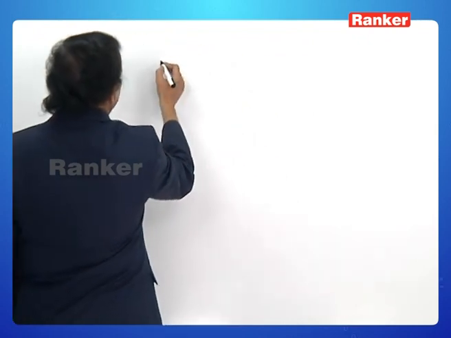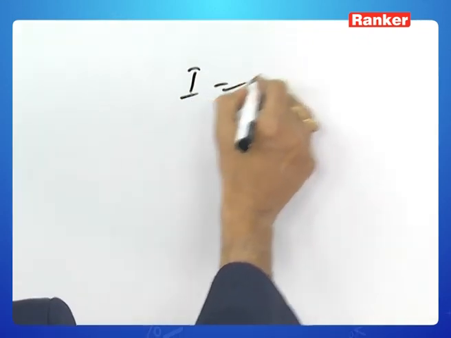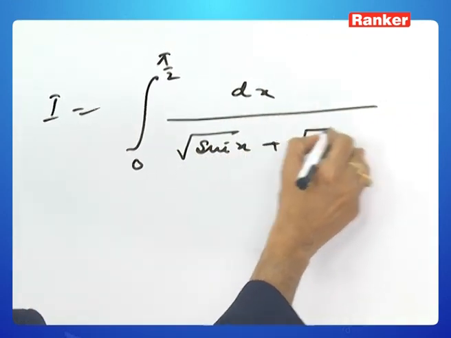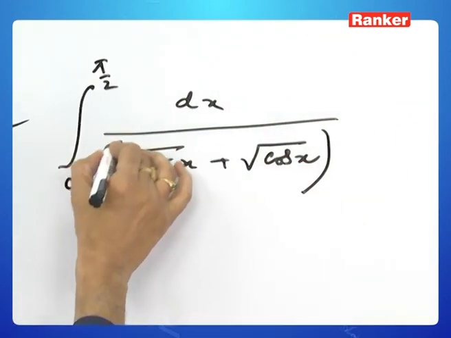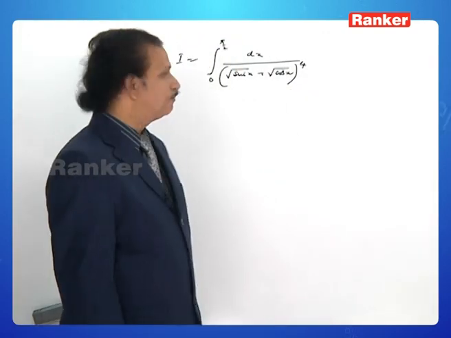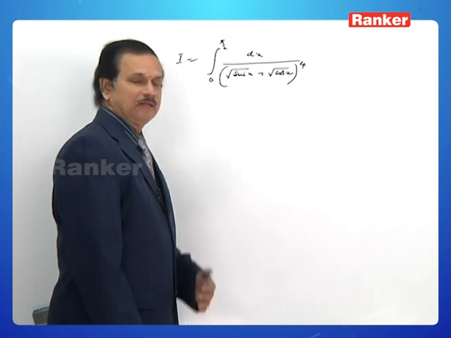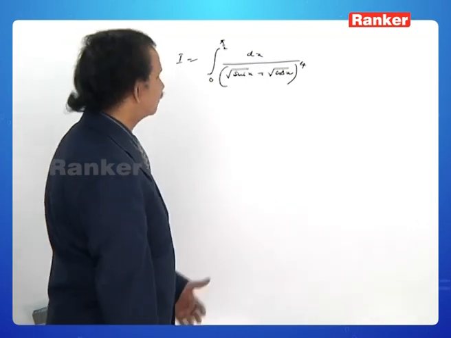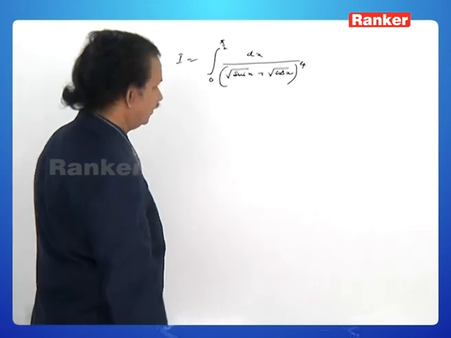The next problem is integral 0 to pi by 2 dx by root sin x plus root cos x whole power 4.